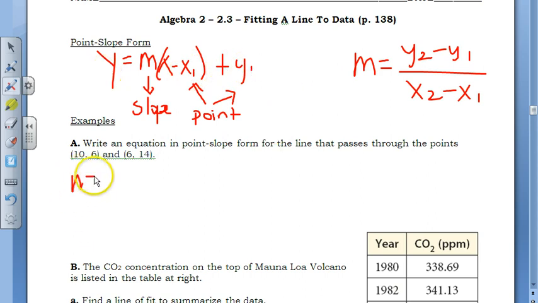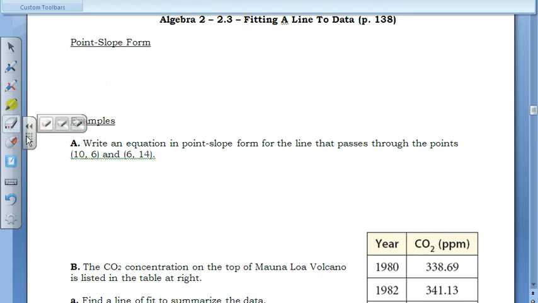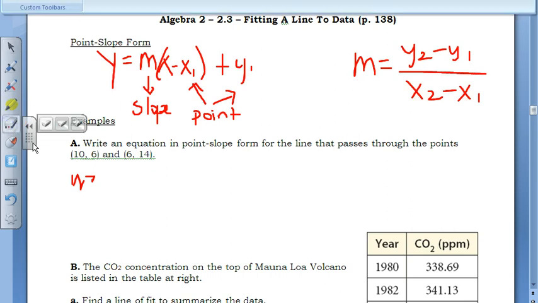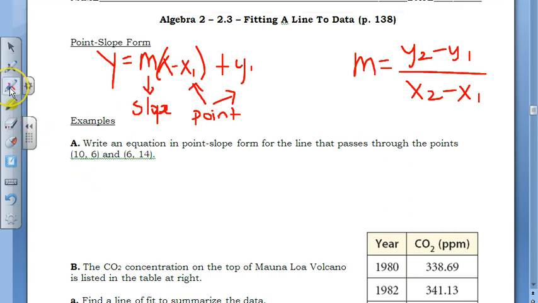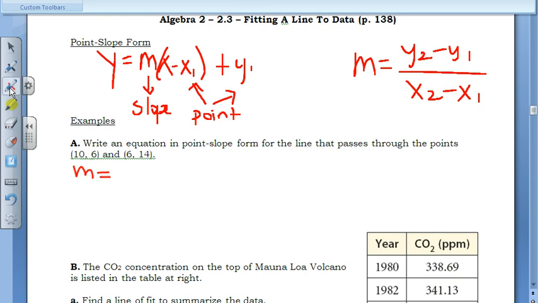So we'll start with m. m equals y2 minus y1, 14 minus 6, over x2 minus x1, 6 minus 10. 14 minus 6 is 8. 6 minus 10 is -4. 8 over -4 is -2.